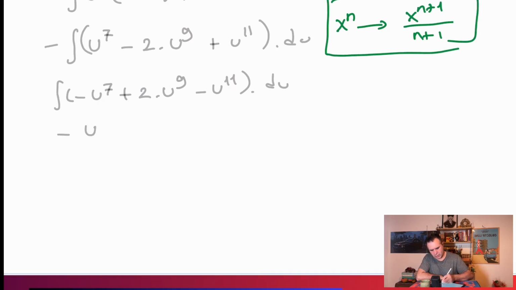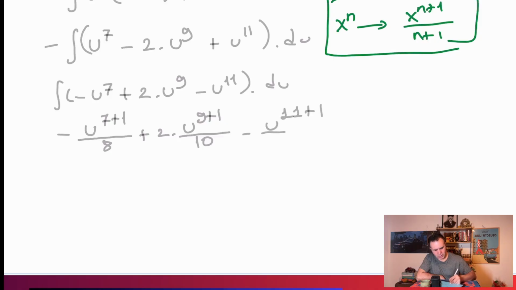Minus u to the 7: we add 1 to the exponent, and the exponent is 8, divide by 8. 2 times u to the power of 9: we add 1 to the exponent and divide by the exponent 10. Minus u to the 11: we add 1 to the exponent and divide by the exponent, which is 12.